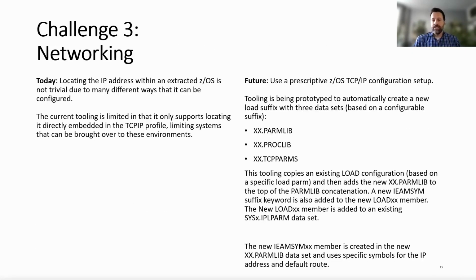The next part is actually networking, and this is tied into the previous one, the system volume. On your zOS environments, you have your networking set up, and it works just great on the physical IBM Z machine, on the real machine. But for us to be able to bring that over to either an emulated or virtualized environment, there is some work that needs to be done to make it work.